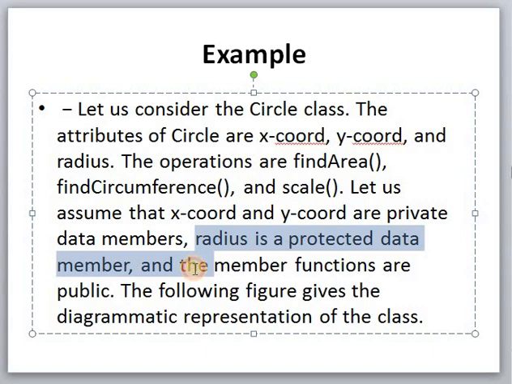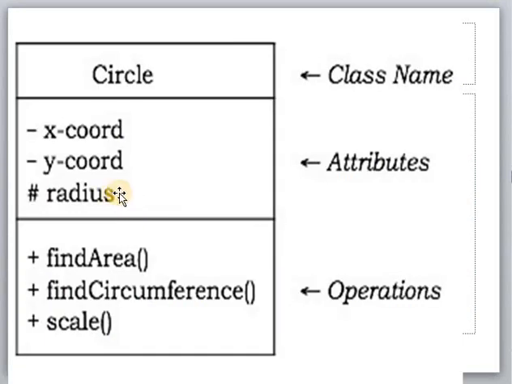The radius is a protected data member, and the member functions are public. In the second compartment of the class, we define the set of attributes with their relevant visibility types. The protected attribute can be used inside the class and can be accessed from the classes inherited from the given class, which is the circle.